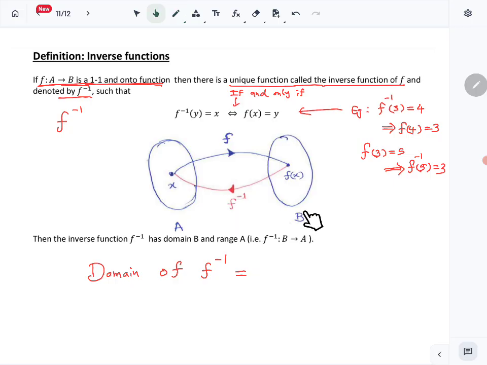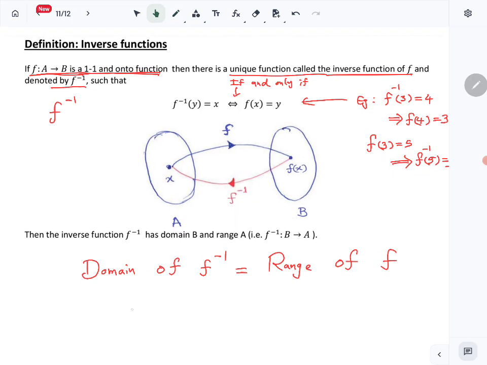B, no? That was what? That was the range of f. So these relationships, remember. Domain of the inverse function is the range of the function. And range of the inverse function is the domain of the function.